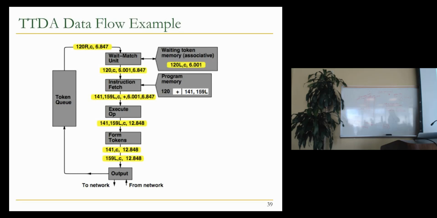And this gets searched. Now the search in the waiting token memory looks for 120L, because this is R, looks for the same context, and there's a matching token over here. Now you form an execution packet saying, fetch instruction at address 120, its context is this, and these are the source values. Left value is 6.001, right value is 6.847.